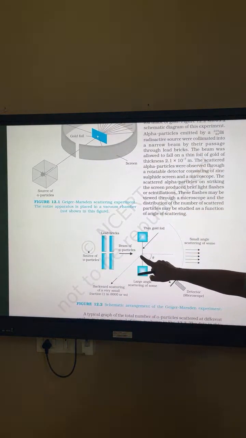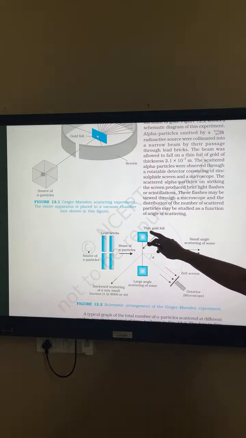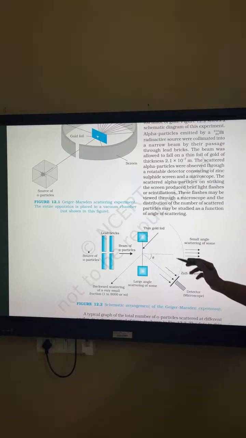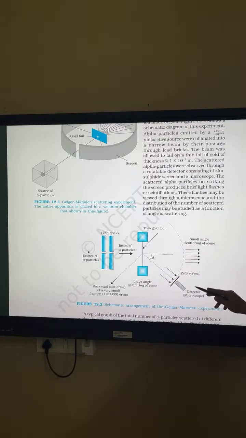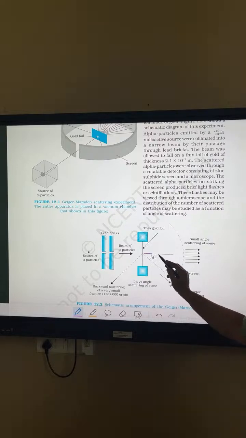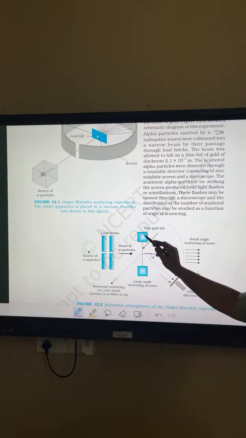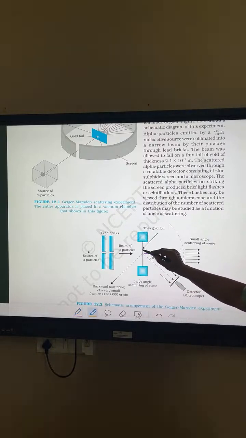The source of alpha particles is here. There is a thin gold film up here. So how the alpha particles scatter is experimented with in this schematic diagram. See here the scattering of alpha particles. The alpha particle is coming through this thin gold film.